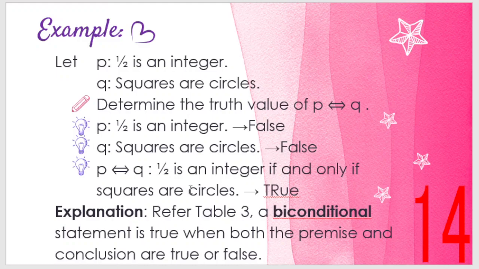So the compound statement using the if and only if connective is: 1/2 is an integer if and only if a square is a circle. So this is true. Why is it true? If we look at the table, our hypothesis and conclusion are false and false.